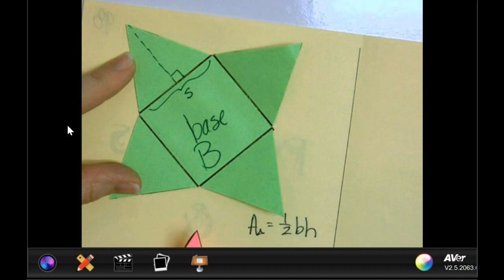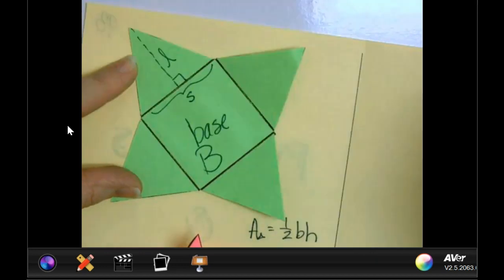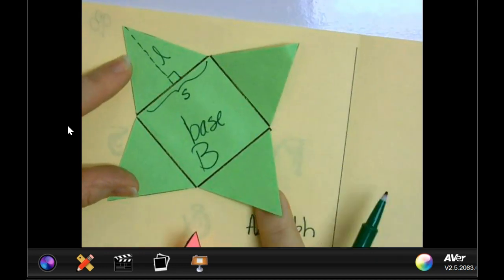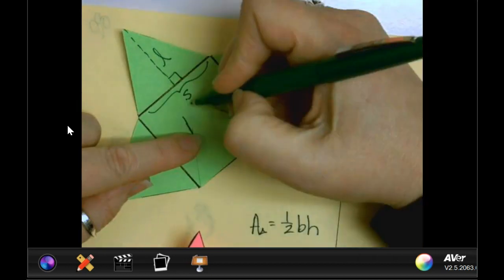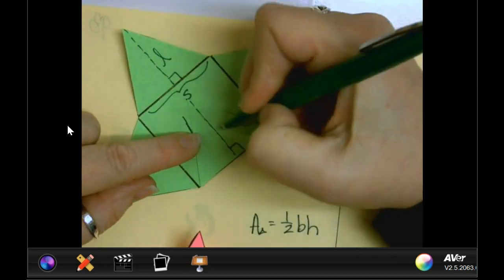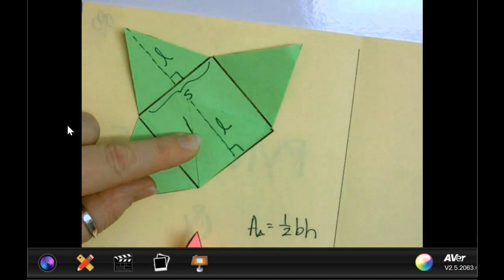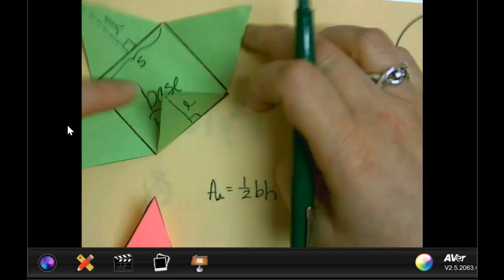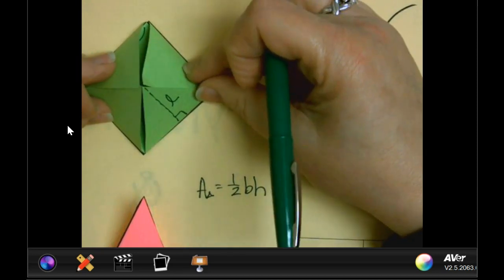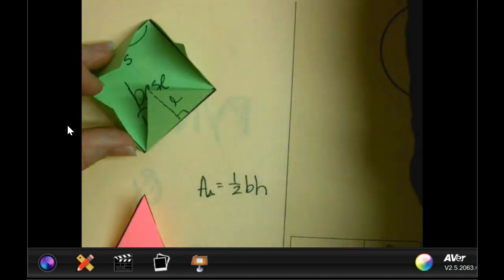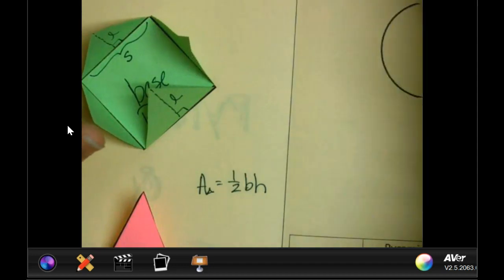Good. The height of a lateral face is the slant height of the pyramid. There's your L. So if you have it drawn like that, fold this one up and draw the slant height on the outside of that triangle, so that when you fold up your triangle, you can see how the slant height can actually be drawn on the pyramid itself. The actual height cannot, because it's hanging down in the middle.